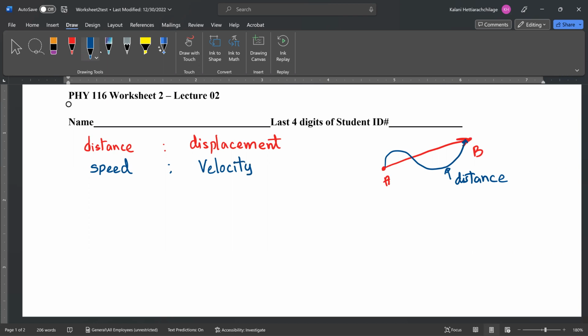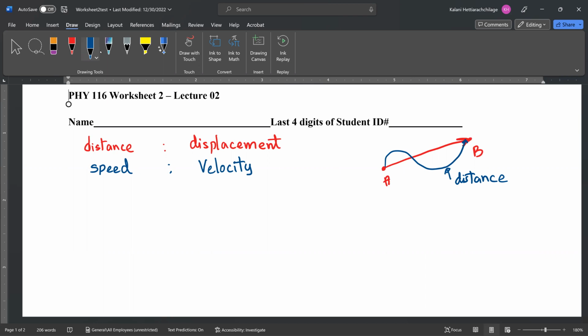If you go to your vehicle, the speedometer measures the speed, because the vehicle does not know how to measure the velocity. But directional and magnitude information we can express by using velocity, by using vector information. That's the basic difference between speed and velocity.